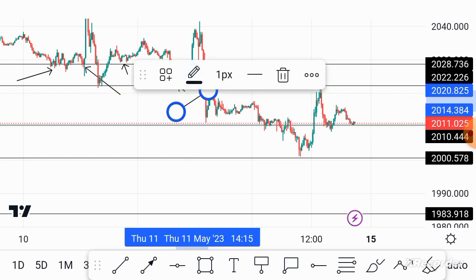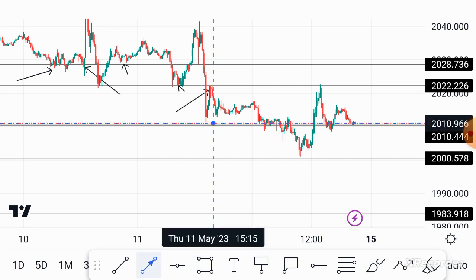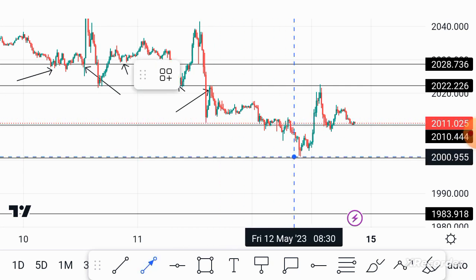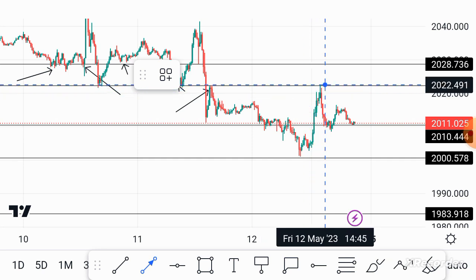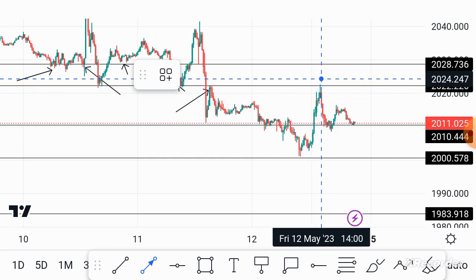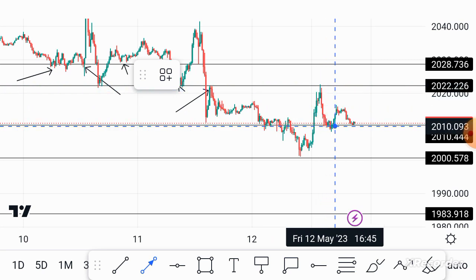It broke to the downside, and then it went up, found resistance and continued downward, right? So as price came down, it respected this point here. It went all the way up to this very key level zone. It respected it, and then it came down, respected this key level.